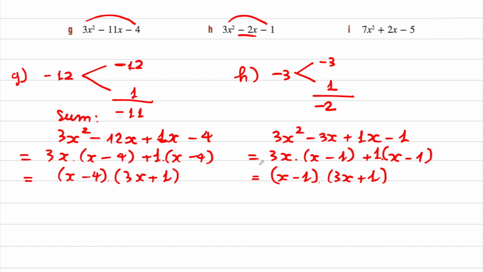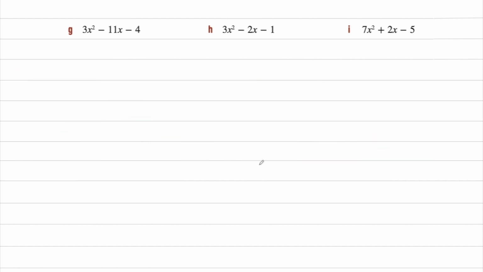About question I, how can I solve this one? 7 and minus 5, a little bigger. Yes, minus 35, 7 and 5, of course. 7 and minus 5. The next one is minus 7 and 5.